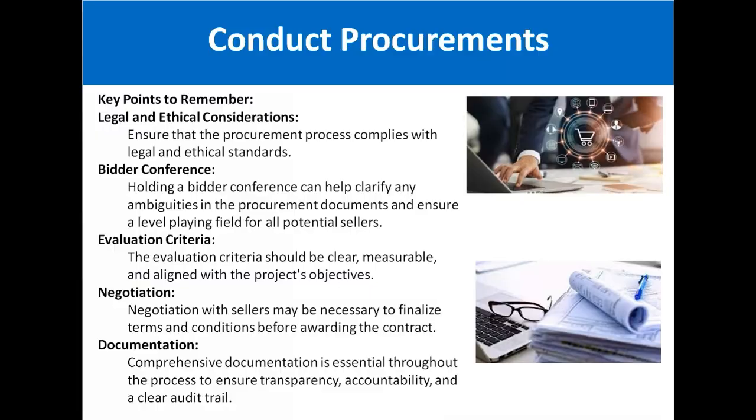The bidder conference should be held properly and be transparent, with no ambiguity in the procurement documentation, ensuring a level playing field for all potential sellers. The evaluation criteria should be clear, measurable and aligned with the project objectives. Negotiation with sellers may be necessary to finalize terms and conditions before awarding the contract. Documentation is essential throughout the process to ensure transparency, accountability and a clear audit trail.